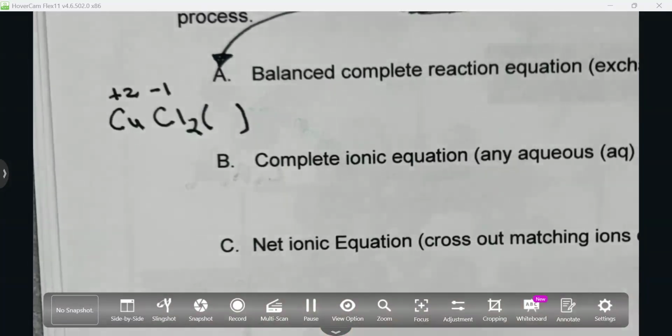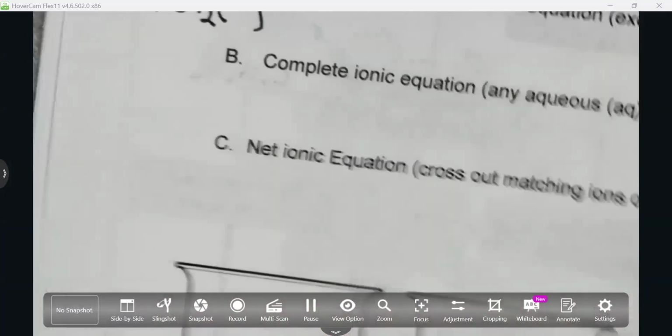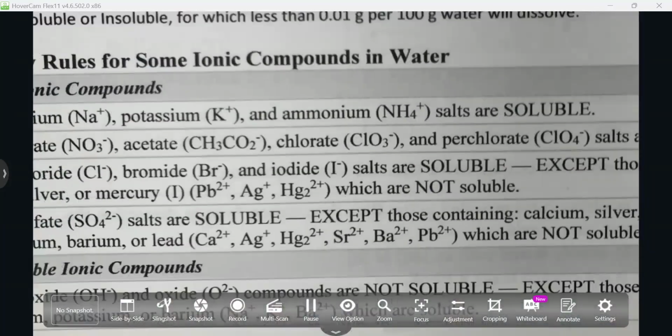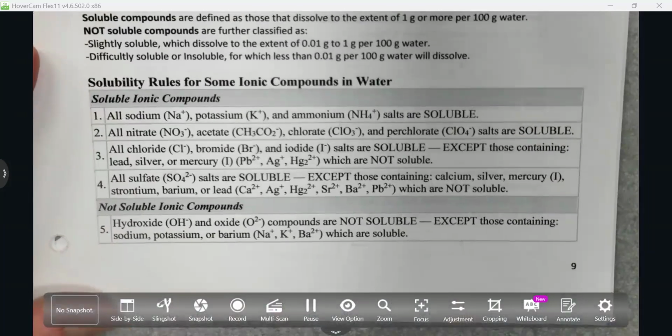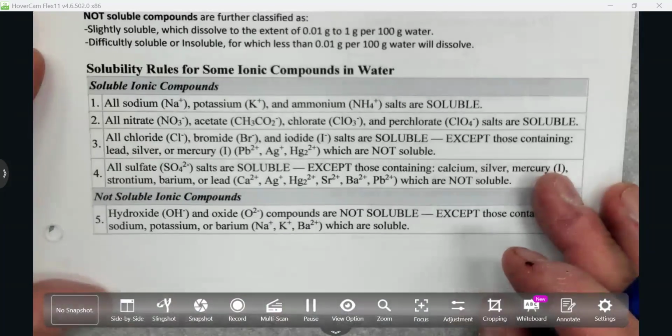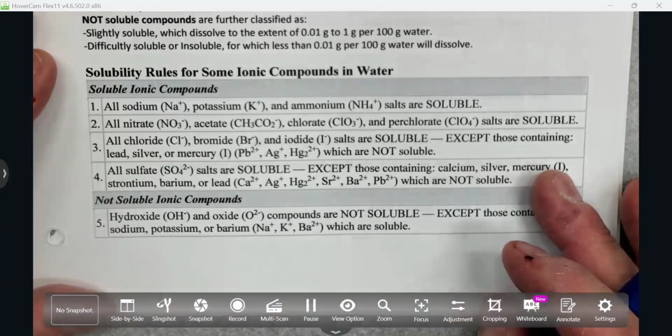Well, here is where we look at the solubility rules, and this is what you're going to use in lab and in OWL. Here are our solubility rules. I don't remember if I screen grabbed these from OWL, the textbook, or the lab manual.